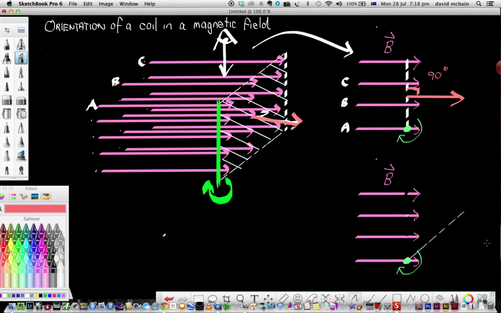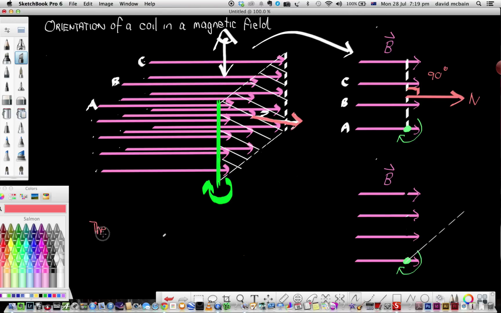Now, I beg your pardon, I'll say that again. The angle between the normal and the plane of the coil is always 90 degrees. That's what's important. And I'll write that down.